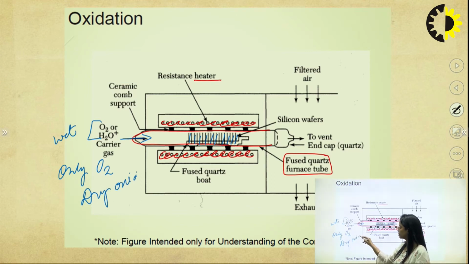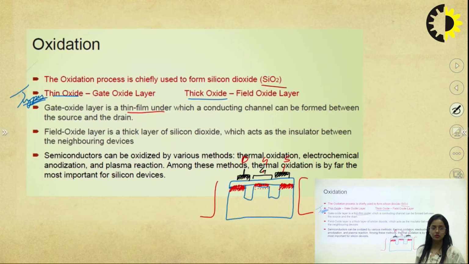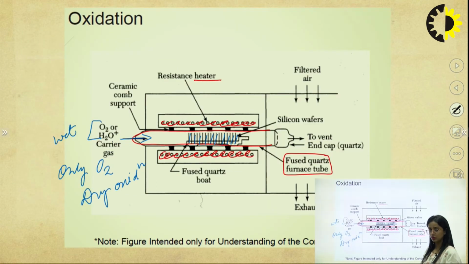So these are the two types of oxidation, wet oxidation and dry oxidation. In the previous part we also studied thin oxide layer and thick oxide layer. The two classifications are actually related. And then the air enters into the ambience.